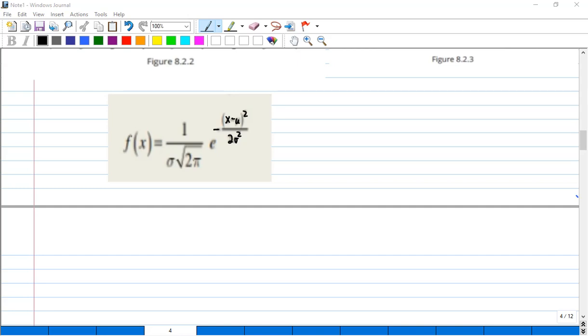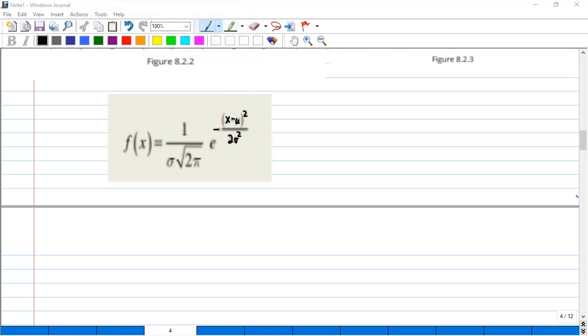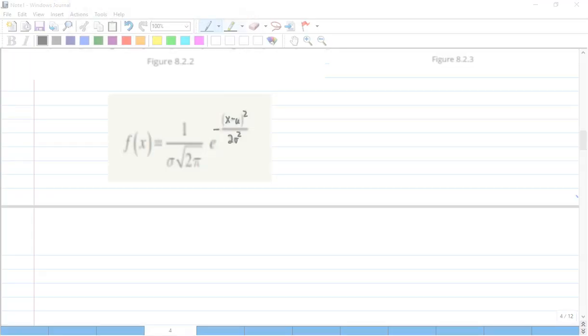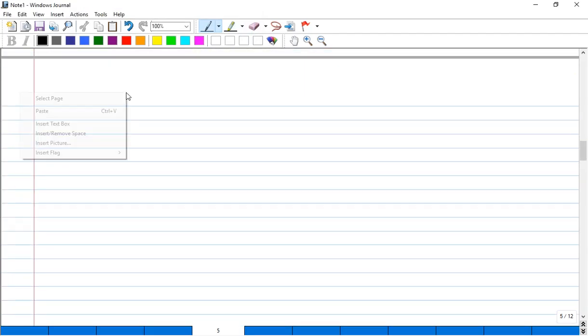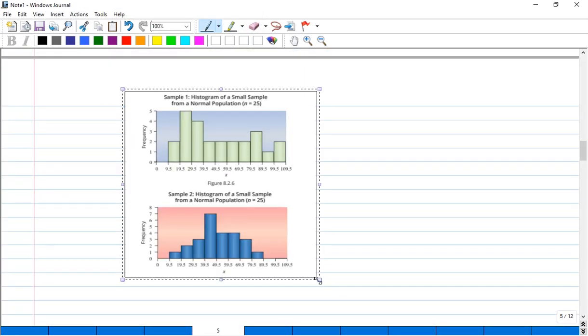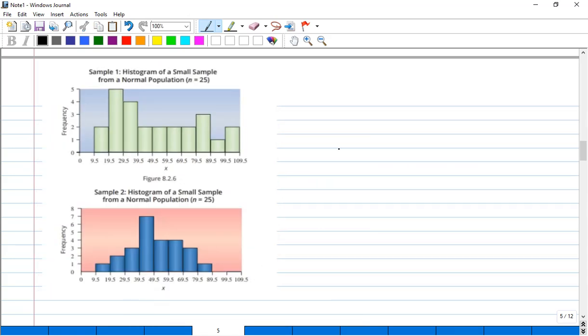So sometimes histograms can have normal distributions. There are a few examples in your PowerPoint. And here's a couple of examples here. I mean, these aren't exactly bell-shaped.